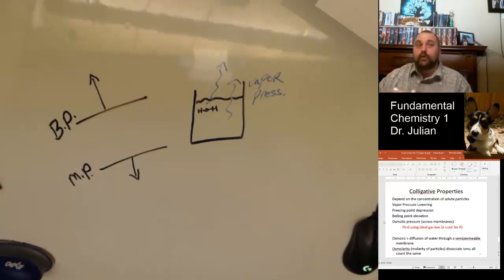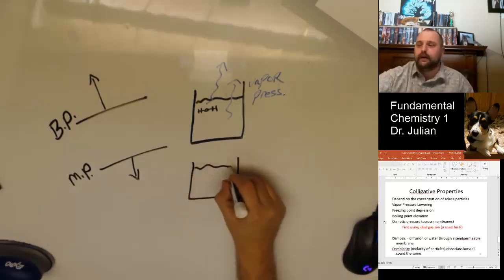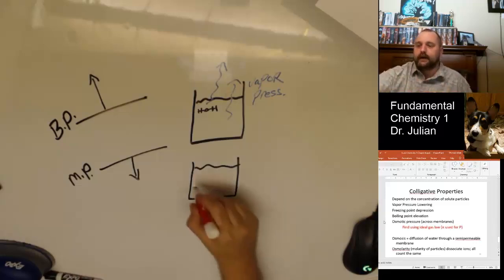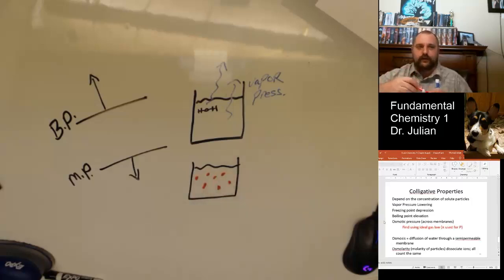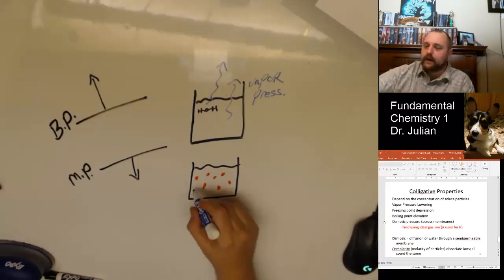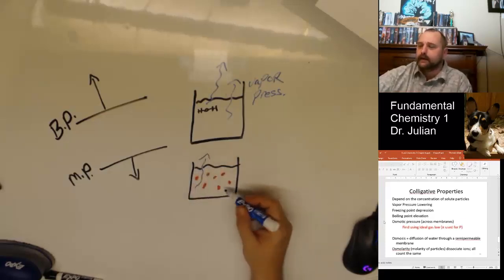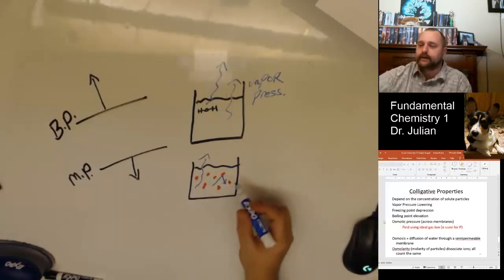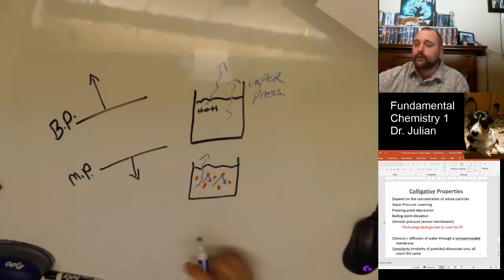Now what if I take a similar thing, but now I've got some particles dissolved in it. I don't know, some sodium in there or some chlorine. It doesn't matter what it is. Some of this water can make it up and go into the gas phase. Some of it will hit and bounce off, and if it bounces off, it lowers the vapor pressure.